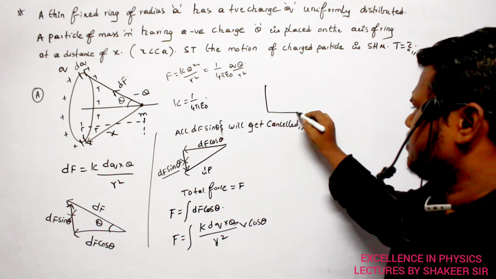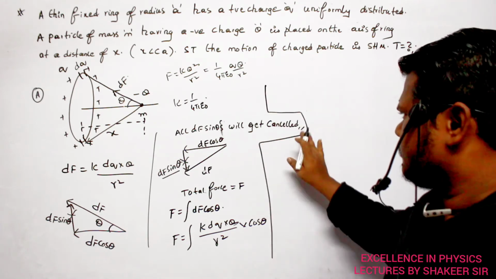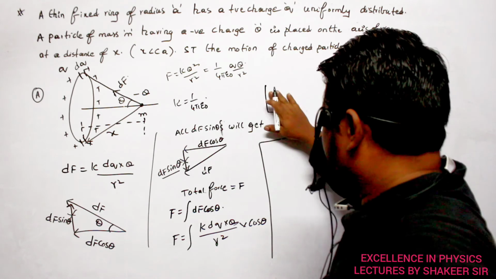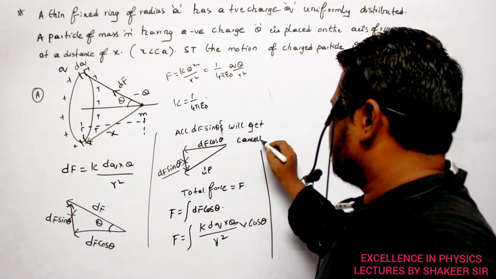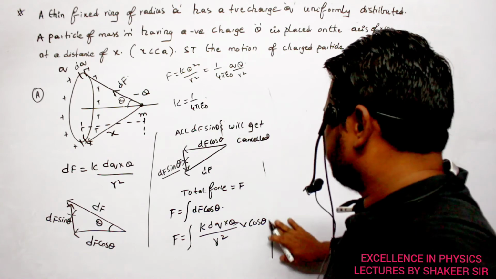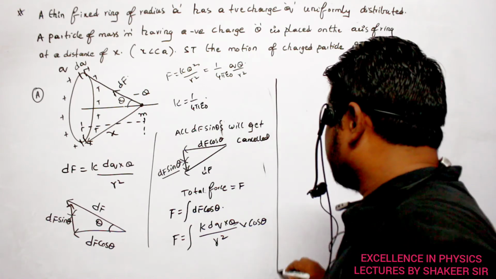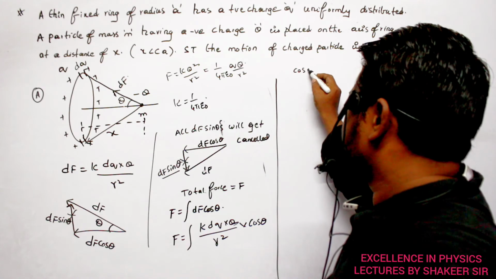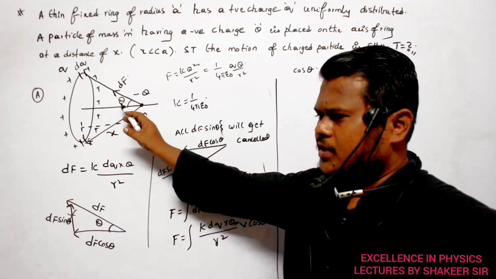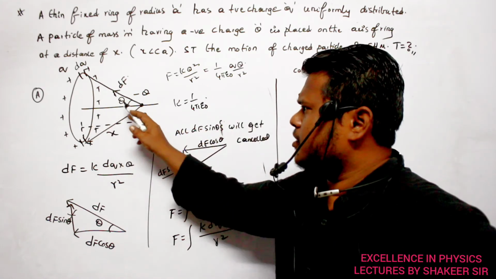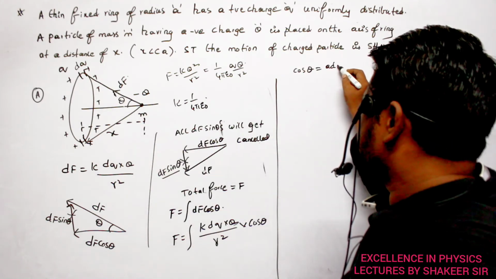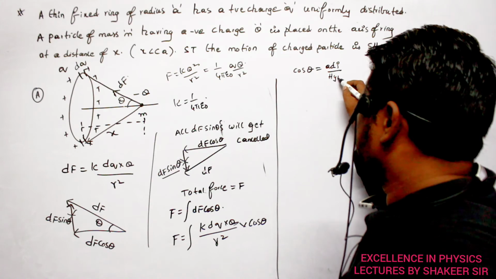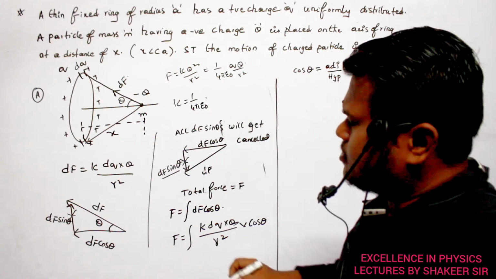Now how can I calculate cos theta? So here this is theta, no? Cos theta is adjacent divided by hypotenuse. Adjacent side is nothing but x.